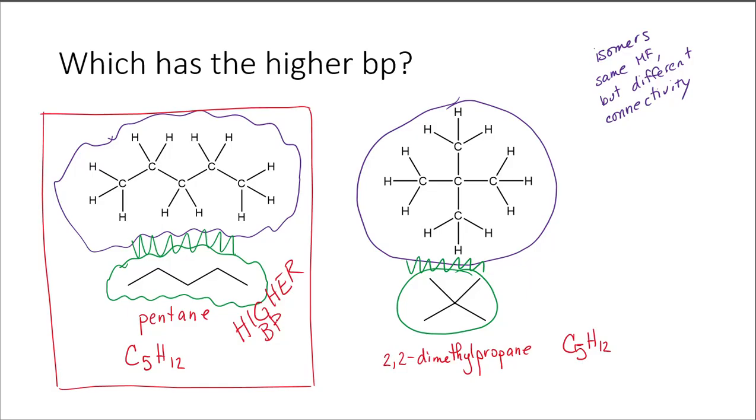That long tube shape can curl around all of the other tube shapes that are around it. So this is spaghetti. It is hard to pull a spaghetti noodle off of another. There's a lot of interaction. It actually comes down to surface area. There's a surface area to surface area interaction between these tubes versus these guys over here.